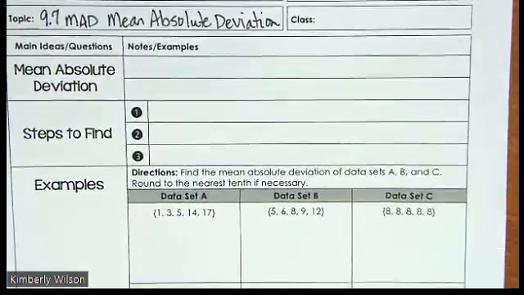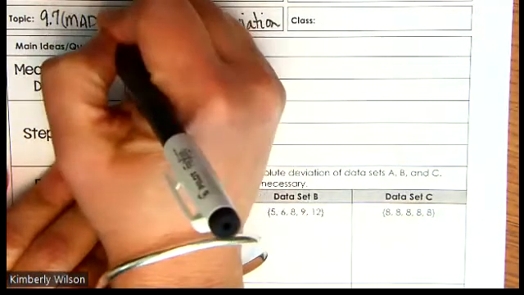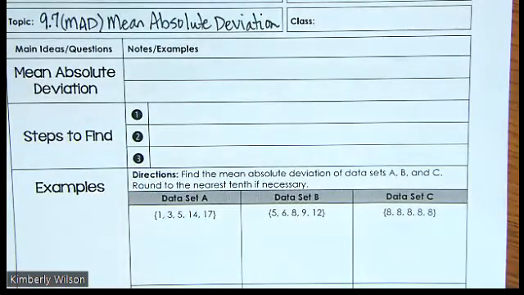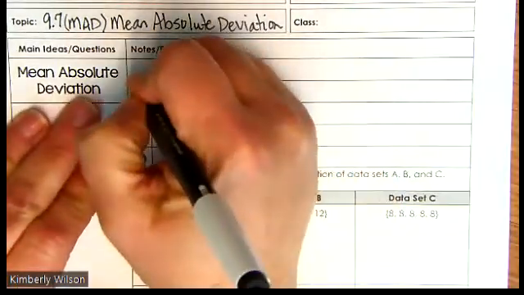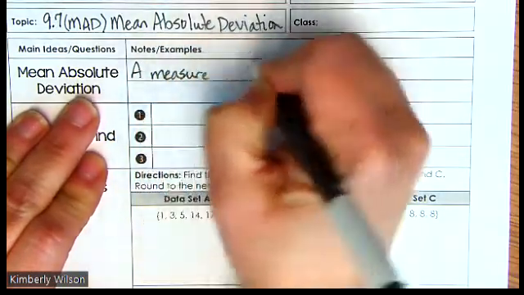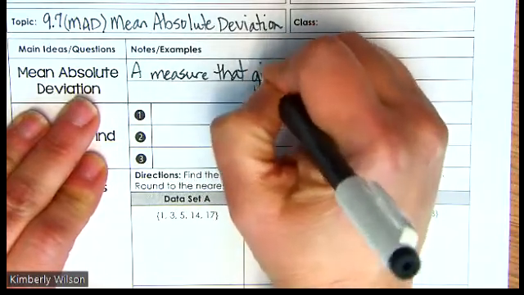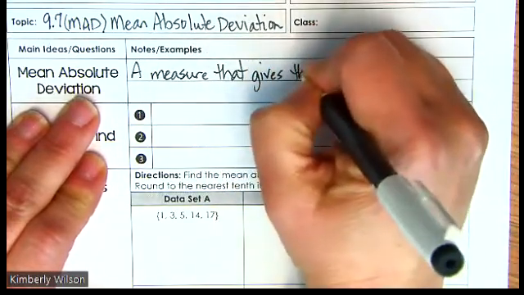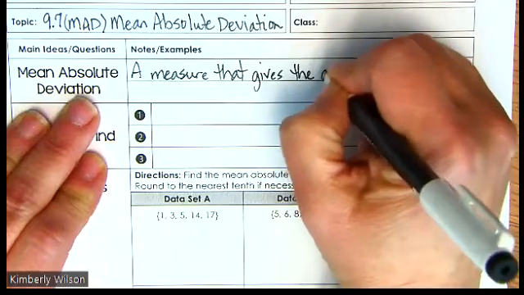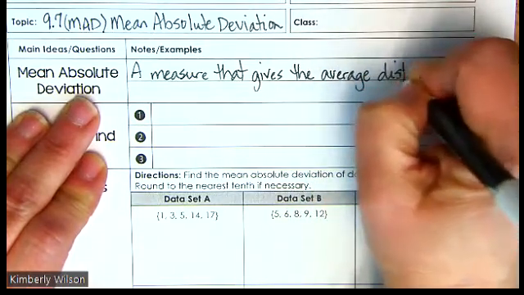So here we go. We're talking about 9.7 mean absolute deviation, which we abbreviate to MAD. Okay, so let's define what that means. It is a measure that gives the average distance.